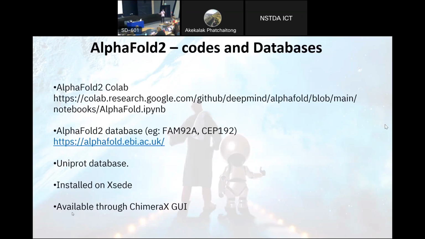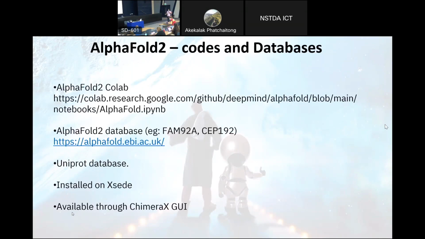So look at that first. UniProt database, again, UniProt not only contains structures, it contains other properties of a protein. They are linked with the AlphaFold database so that in UniProt, along with the experimental structure of a protein, you'll get the AlphaFold structure.